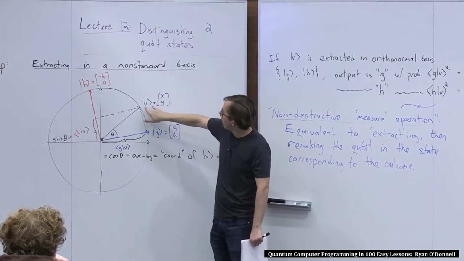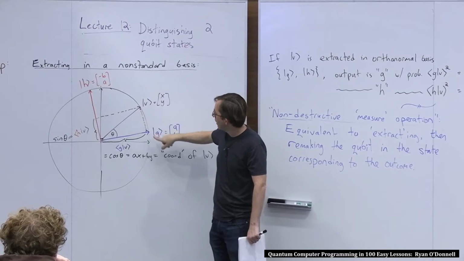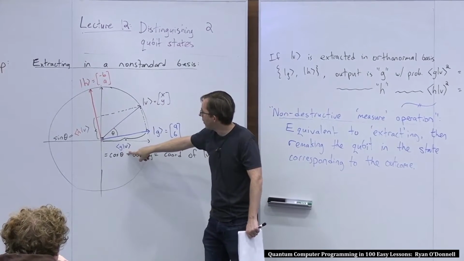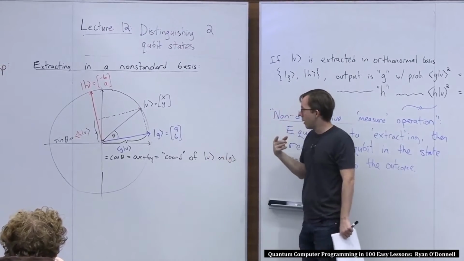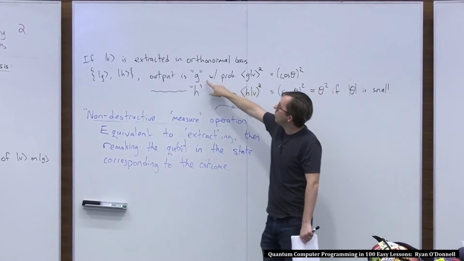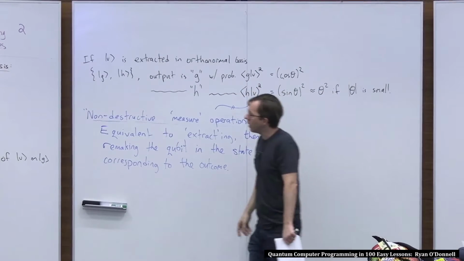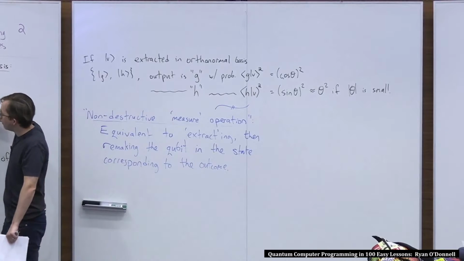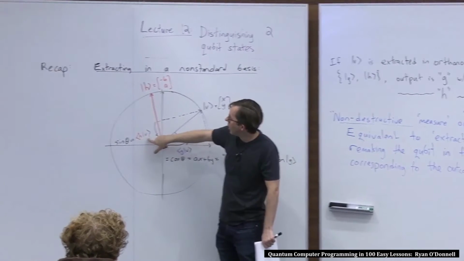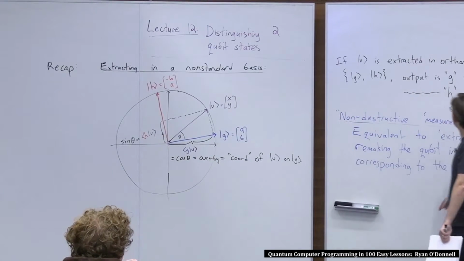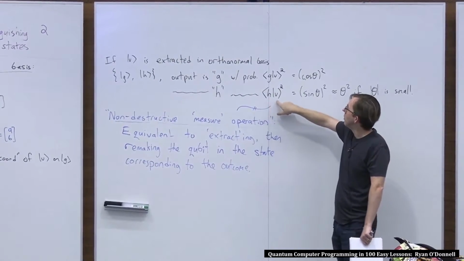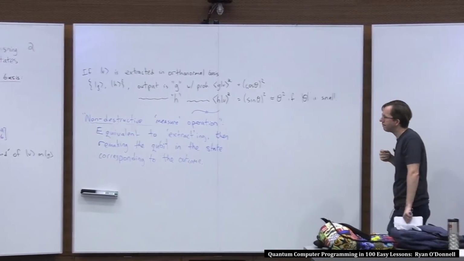So you compute the coordinate of the state vector V on the G vector, which is G inner product V. And the square of that is the probability that when you do this measurement, the output will be G. And you also compute the other coordinate, the coordinate of V on ket H, that's H dot product V. And the probability that you'll see the outcome H when you do this measurement is the dot product of H and V squared. So again, the coordinate squared.